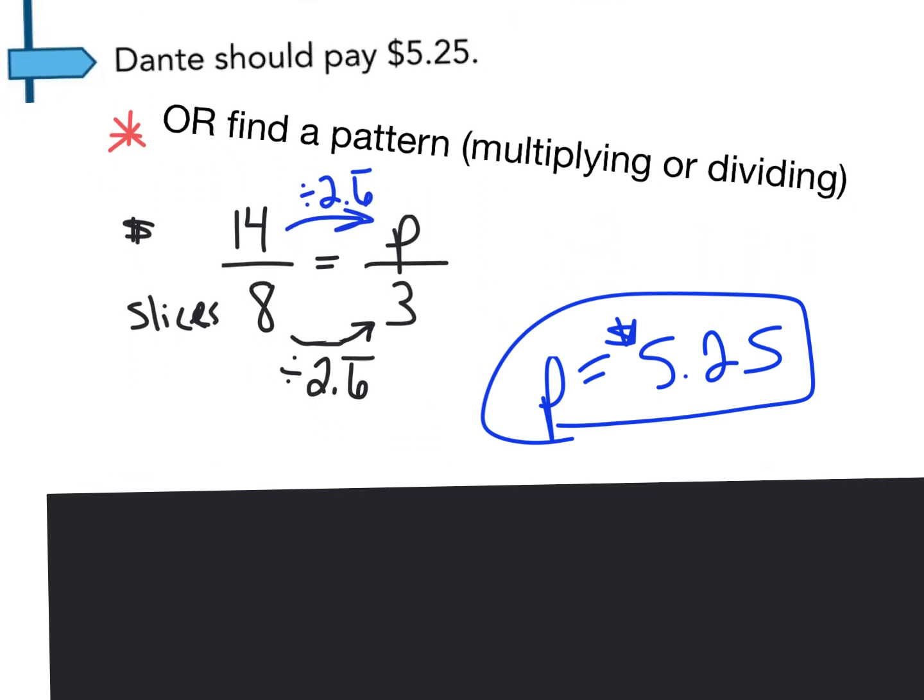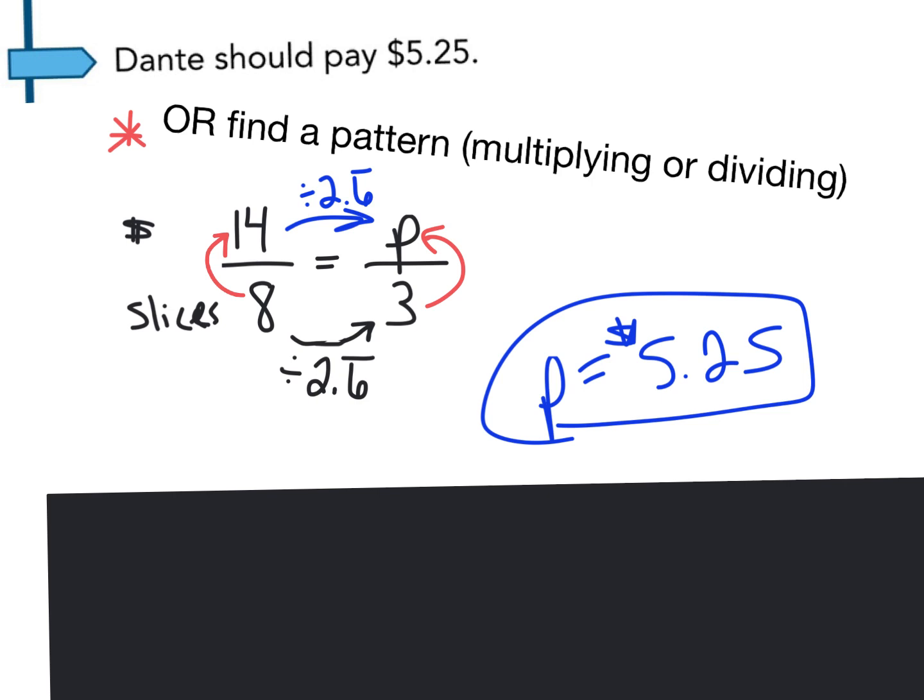Now, just to mention, the 2.6 repeating is not the nicest pattern in the world, so there are ways that you can keep that answer in your calculator and you can use it rather than having to write like 2 point and just a bunch of 6's. Another option you could do is you could look at a pattern going the other direction. The pattern could be going up and down also, so we could do a pattern this way. Going that way, if you do 14 divided by 8 is 1.75.